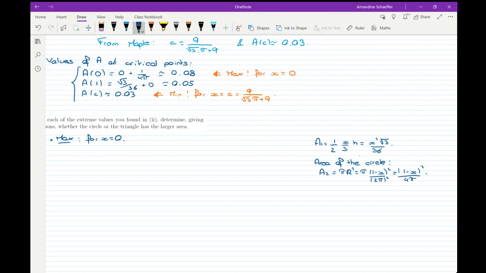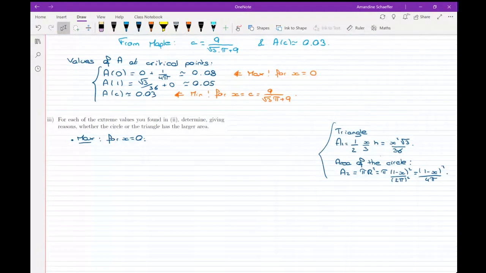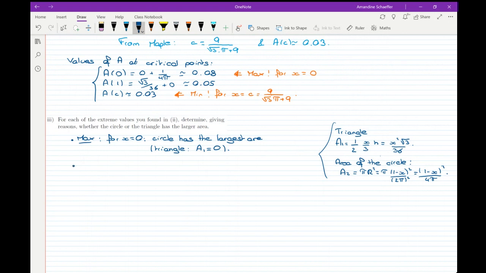So for x equals 0, well, we see straight away that A1, which was the triangle, is going to be 0. Okay. So whether the circle or the triangle has the largest area, well, the circle has the largest area because the triangle has area equals 0. Okay, so if you want to maximize the total area, well, you just don't do the triangle, basically.